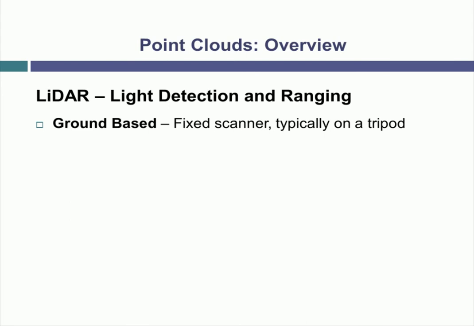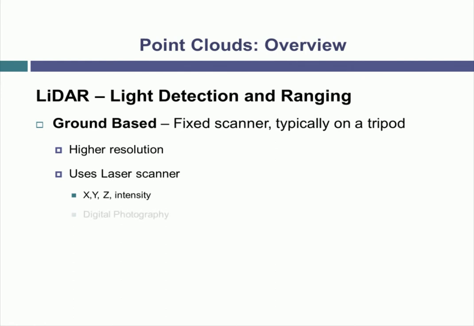LiDAR data can also be collected in a ground-based method. With this method, you have a fixed scanner that is typically mounted on a tripod. This gives us higher resolution data, while it still uses a laser scanner to collect the information. This also has X, Y, Z, and intensity data that is collected for each point, and it can and often is integrated with digital photography.